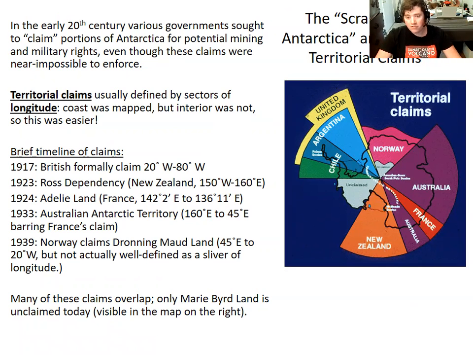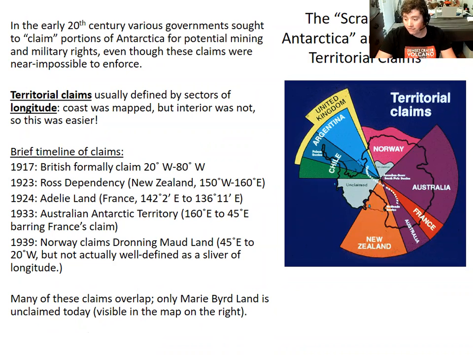So Britain had previously claimed a small portion of the peninsula, but in 1917, they revised their claim to extend so that it took 20 degrees west to 80 degrees west, which you can see on here. And this occupied the whole area around the peninsula. New Zealand decided to formally claim the Ross Dependency, which is the area around Ross Island, the Ross Sea, and McMurdo Base, actually.